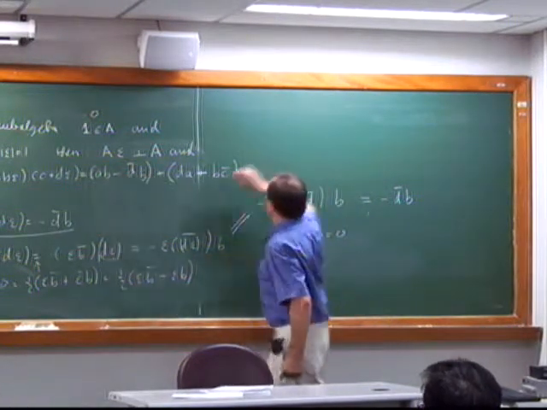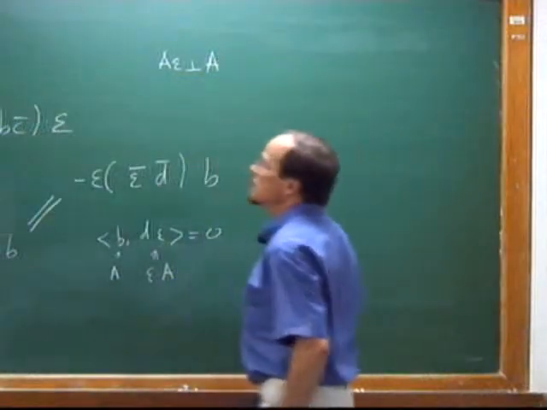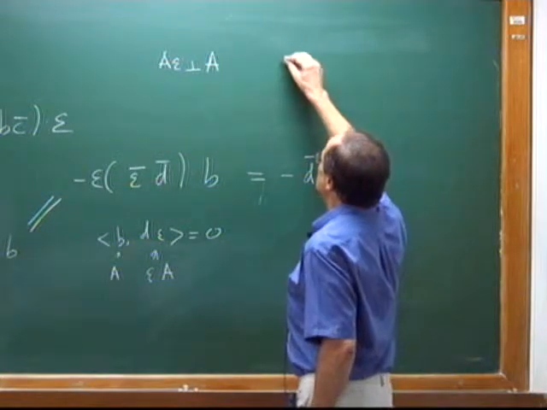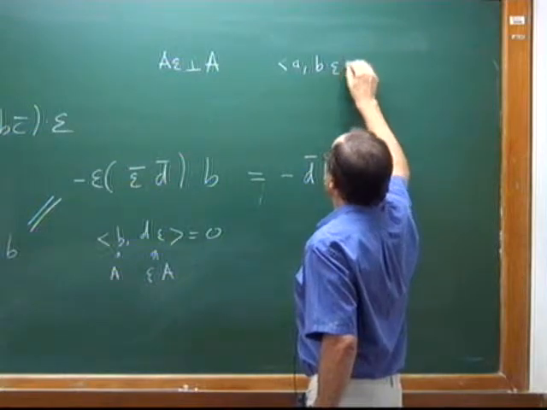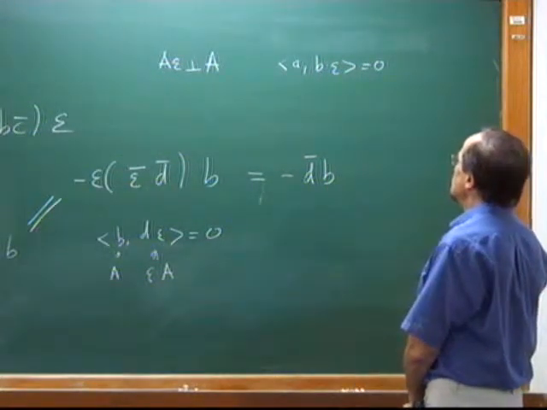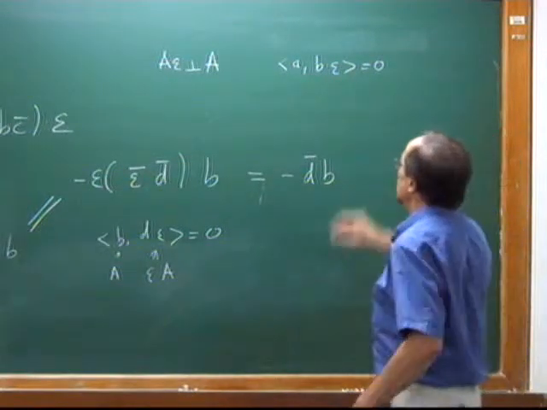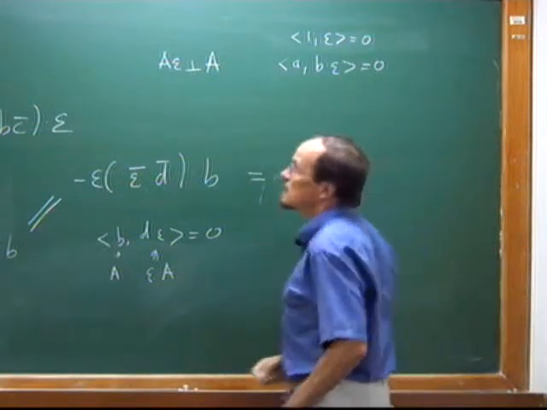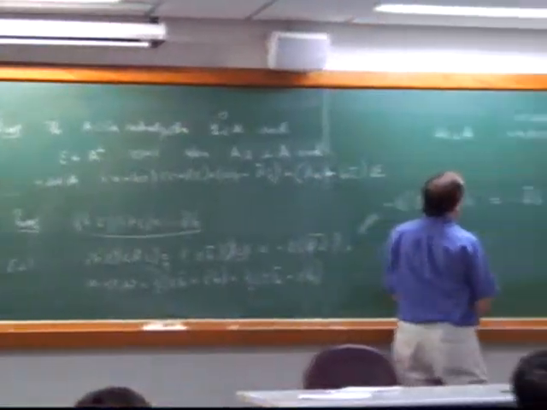Well, I guess maybe I should have started with the fact that A epsilons are orthogonal to A. Right, so what does it say? It says that A B epsilon is equal to 0. But that's because I know that 1 epsilon is 0. So epsilon is orthogonal to A and orthogonal to 1, so 1 epsilon is 0.